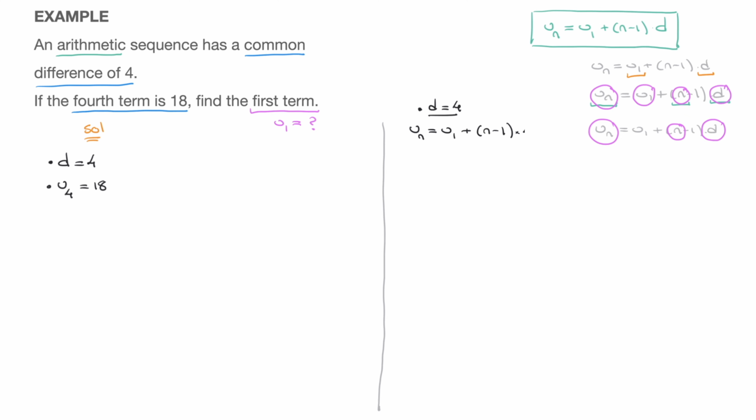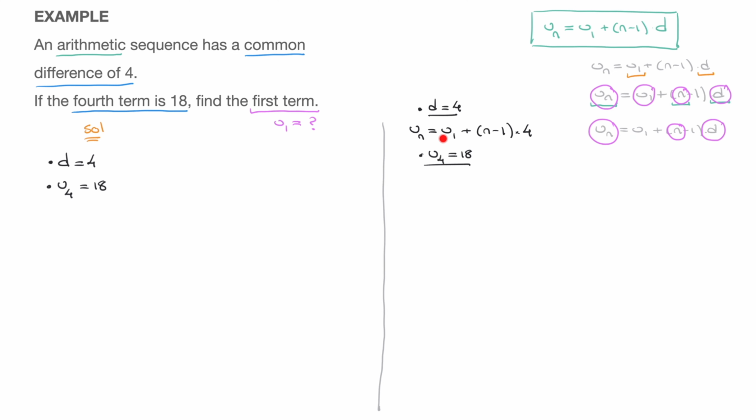There we go. Next, we turn to the second bit of information that was given in the question. That was that the 4th term is equal to 18. And so I'll do a second bullet point here. I'll use the fact that the 4th term, u sub 4, is equal to 18. Indeed, using this bit of information alongside the formula for the nth term we just wrote here, we can go ahead and state that when n equals 4 since it's the 4th term, the left-hand side of this has to equal 18.